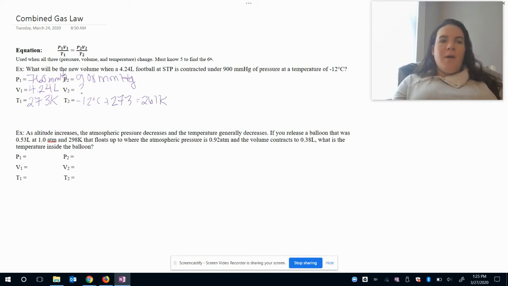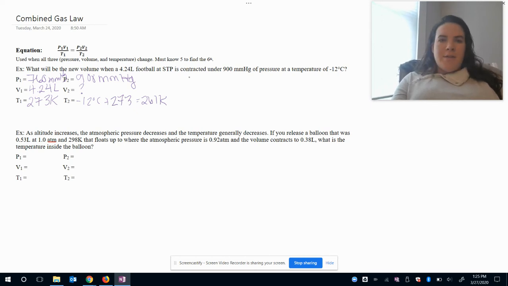Okay, so we know all the pressure, volume, and temperature before. We know pressure and temperature after, but we don't know volume, so we're going to be solving this for V2. So we'll plug all these numbers into the equation and solve for V2.